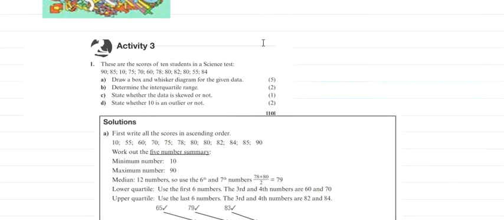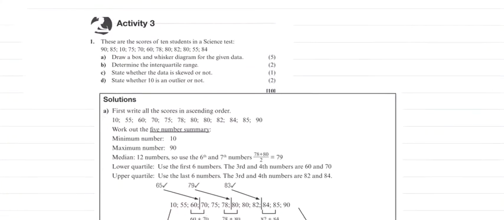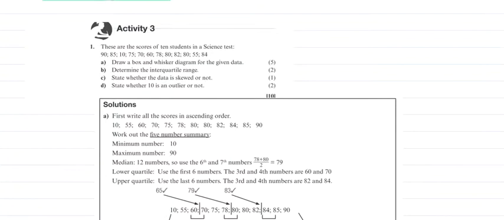Okay, so in this activity we are looking at a question which is based on the scores of 10 students in a science test. What should be pointed out here is that 10 students took the test.